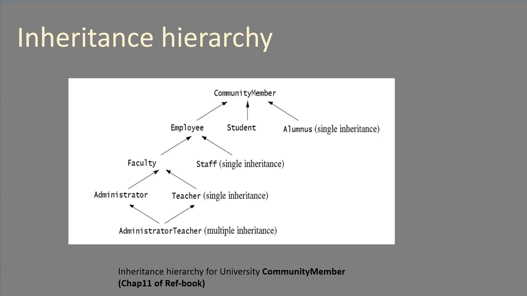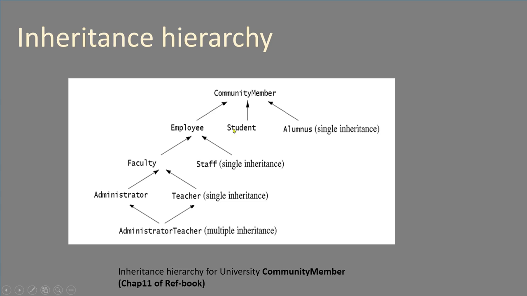Inheritance hierarchy. For example, in the generic case, we consider an individual as a community member. That community member can be either an employee, a student, or an alumnus of the university. An employee may be a faculty member or a staff member. A faculty member may also be assigned some administrative task, or he may be just a teacher.